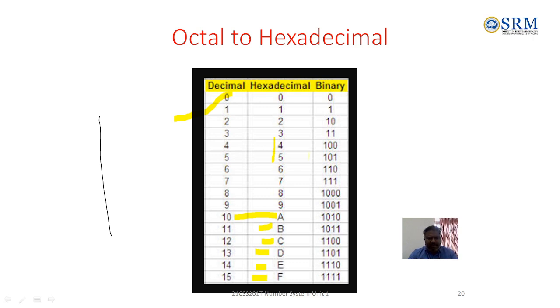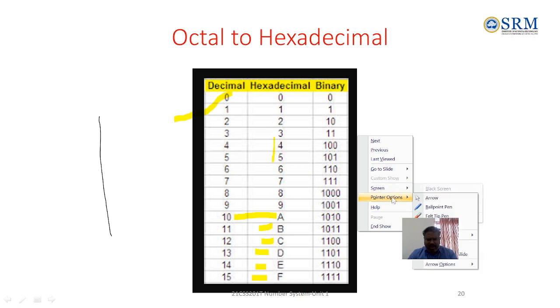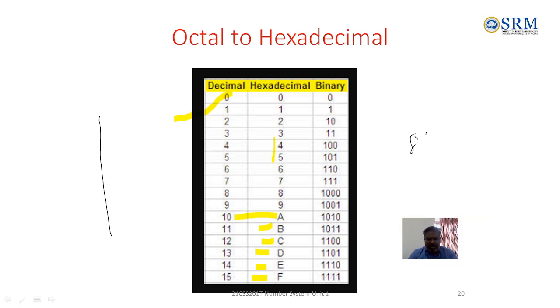So let me see how to convert it, in the same way as before. We do it using 8421 as the binary place values. For 0, we put all the numbers as 0. And if you need 8, what is the number?